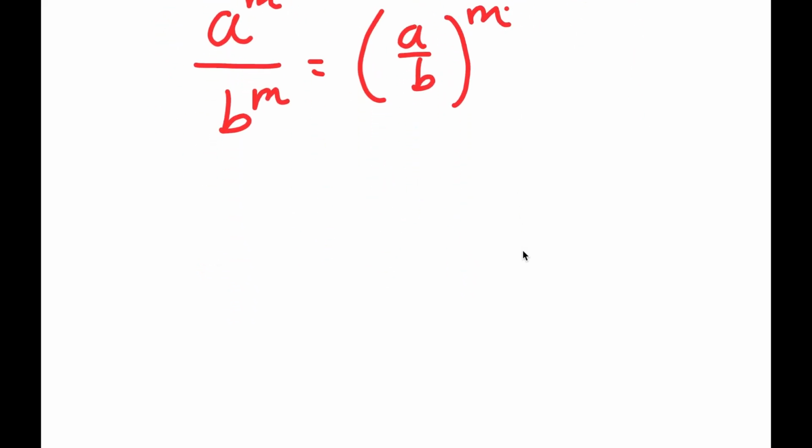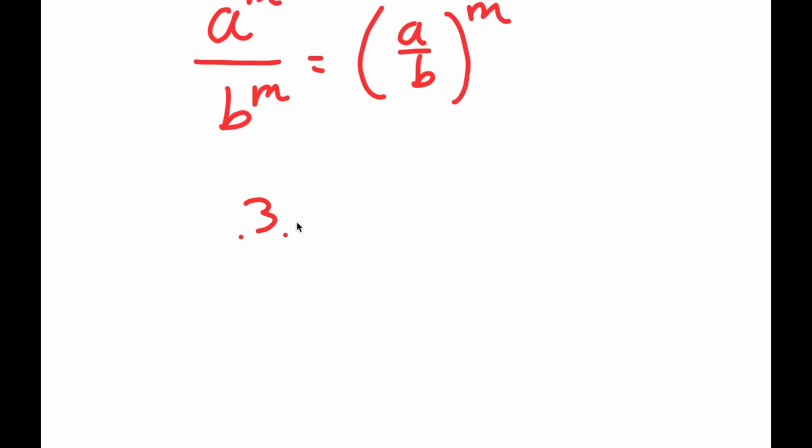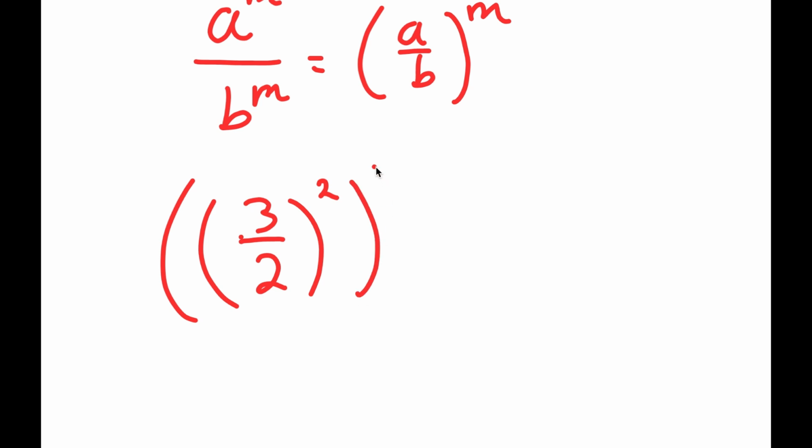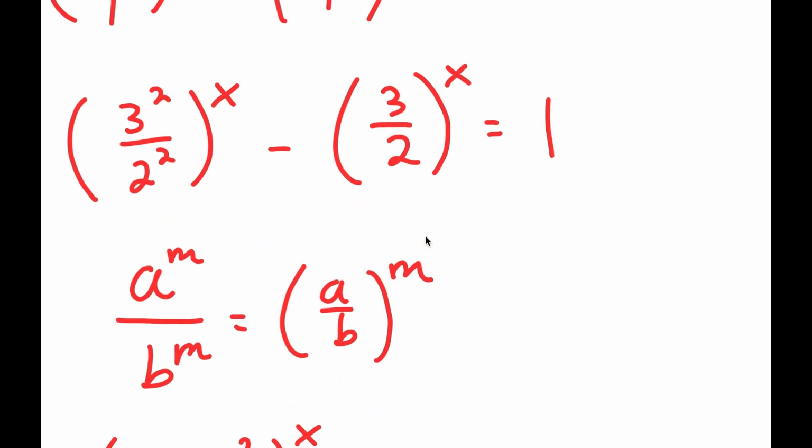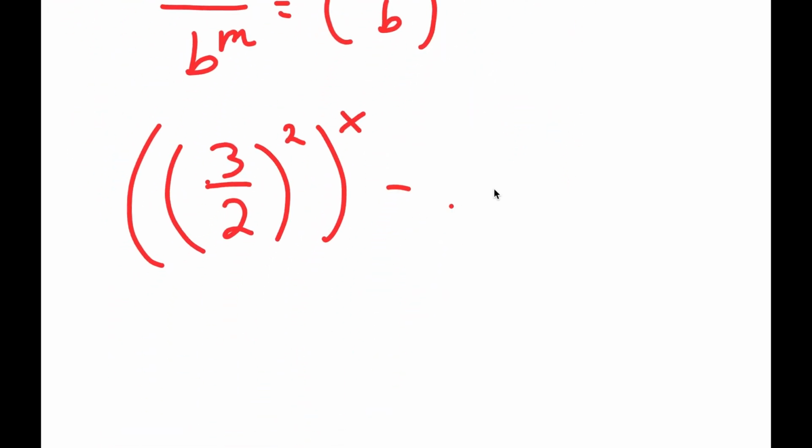So 3 squared over 2 squared, that's going to be 3 over 2 squared, and I have this to the power of x minus, just have 3 over 2 to the power of x is equal to 1.